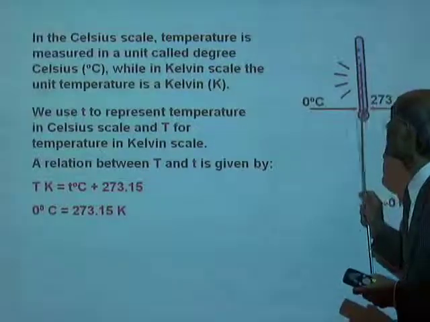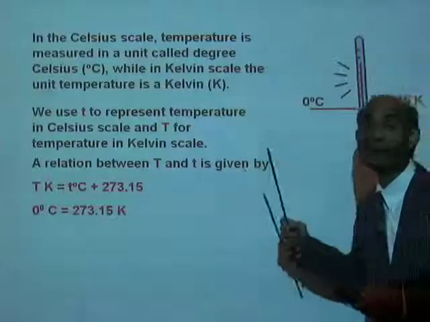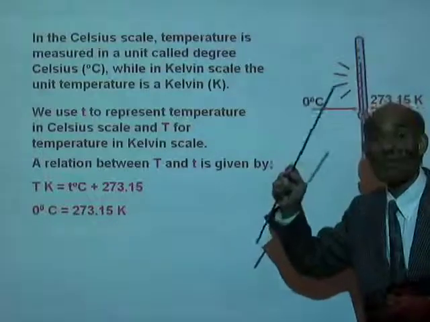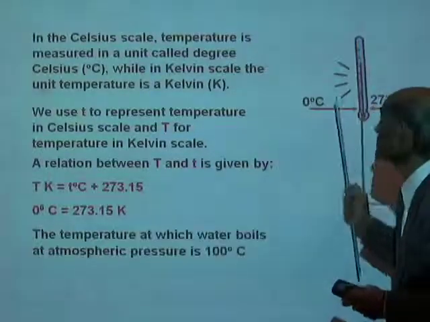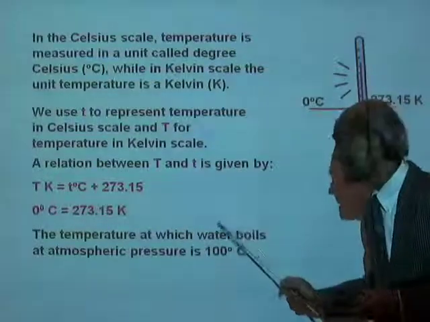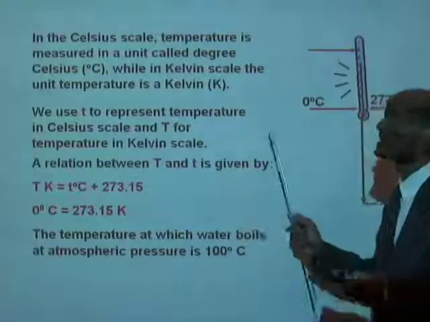What is the lower fixed point? It's the temperature corresponding to the melting of ice. The temperature corresponding to boiling of water is the upper fixed point. In the Celsius scale, it happens at 100 degrees Celsius.